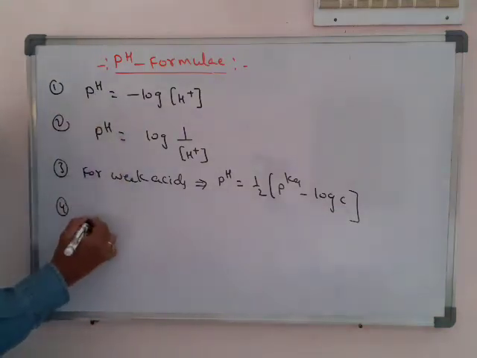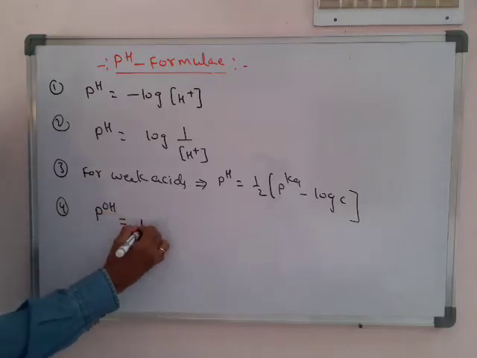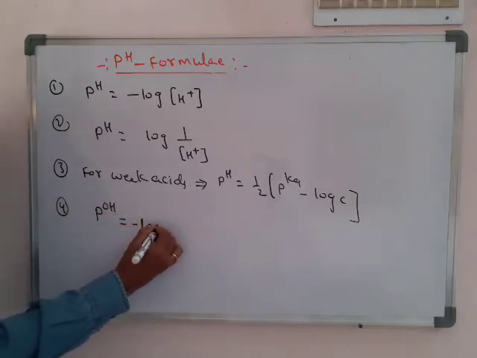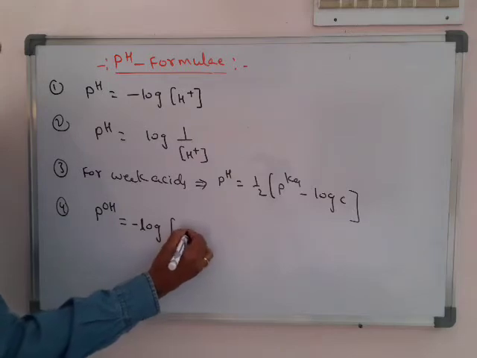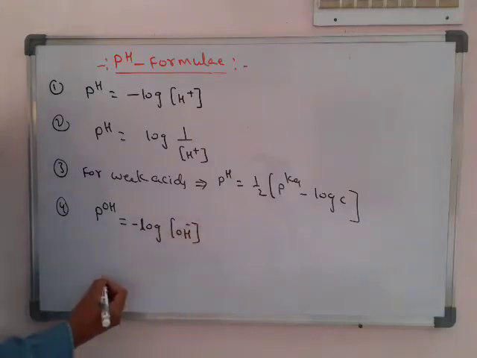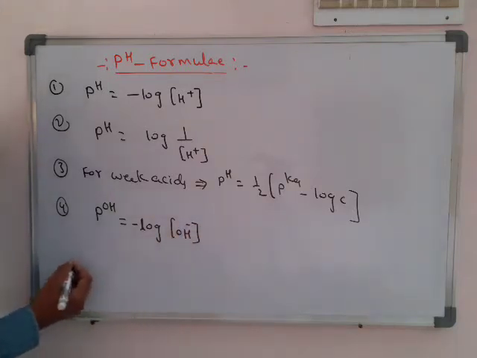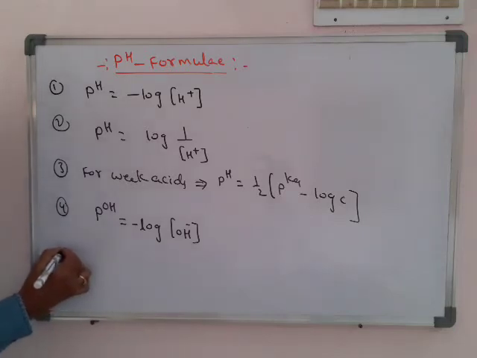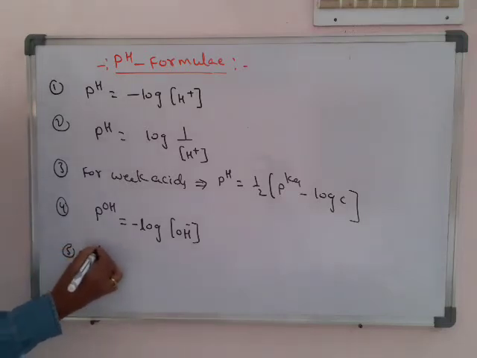So just like pH, there is also pOH. pOH is equal to, we can say, the minus log OH minus concentration. And there is a relation between the pH and pOH.